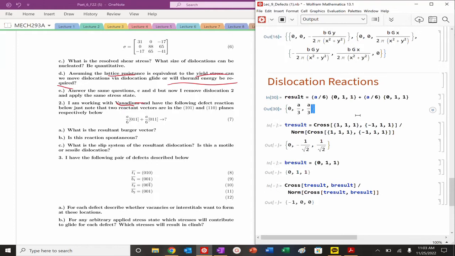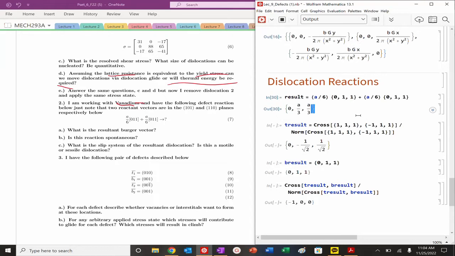Now we need to see if the reaction is spontaneous. We can do that by invoking Frank's rule, which says that the sum of the squares of the reactant defects must be smaller than the sum of the squares of the resultant defects. Remember, we don't want to create larger defects in our system.